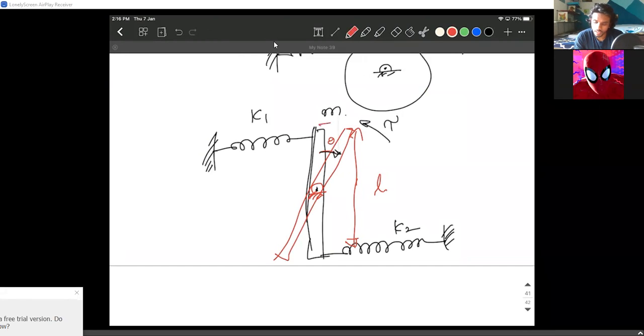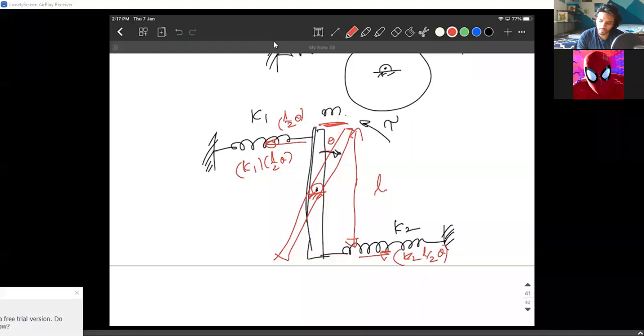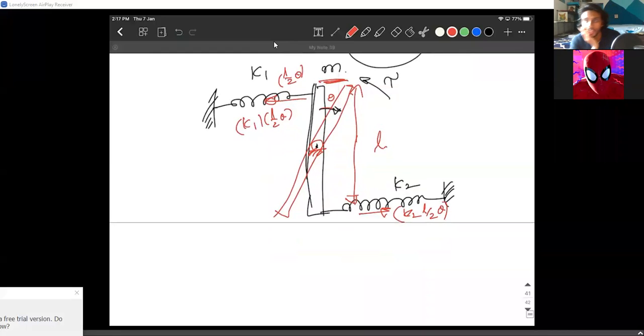I think this is L by 2 theta, so it expanded by L by 2 theta, so there will be a force K1 into L by 2 theta, and there is another force K2 into L by 2 theta, right?